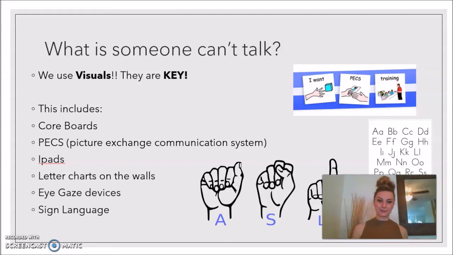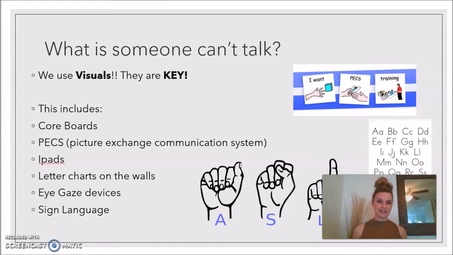They're just very simple core boards, but you can use them in your practice. So what core boards do is you can point to different things on the board in order to communicate with people. Sometimes you might have to start it off by showing them what you want on there in order for them to get trained to be like, oh, okay, so when I want something, I should point to it on here.